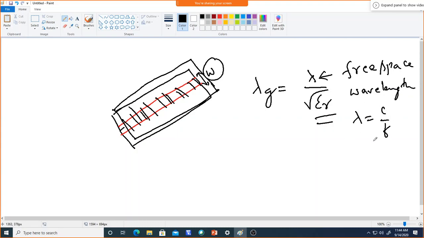To calculate lambda g, it should be divided by root epsilon, because the conductor is bonded in between two substrates, and the dielectric constant of that substrate will be epsilon r. You calculate the guided wavelength using this equation.